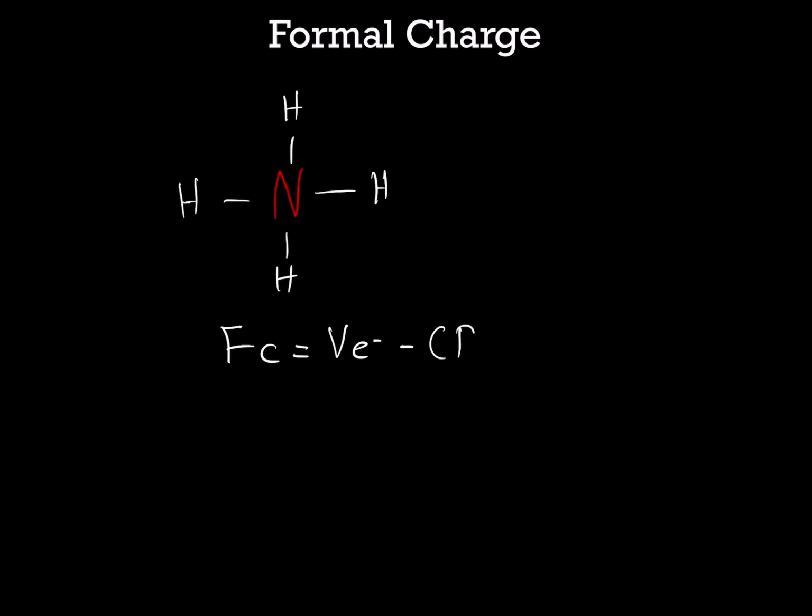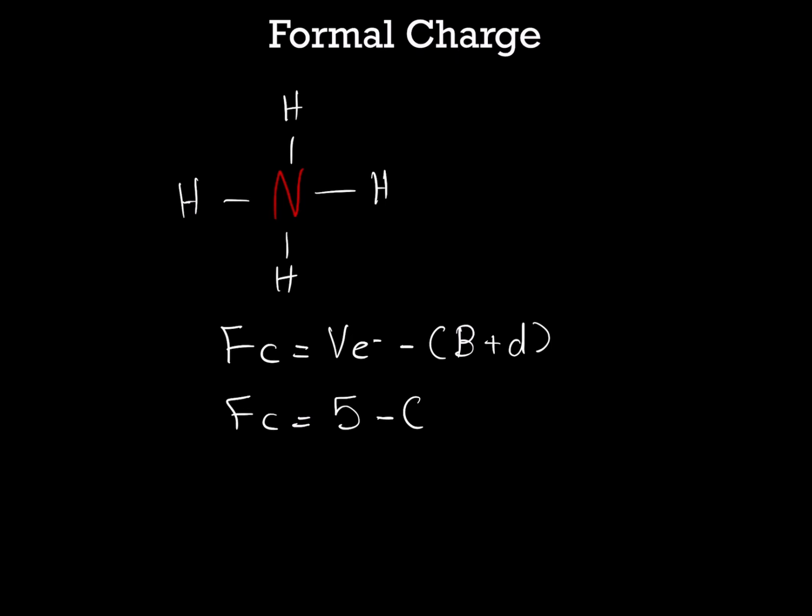In the next example, let's look at ammonium. Ammonium is a nitrogen that has 4 hydrogens attached to it. Go ahead and figure out the formal charge of nitrogen. Feel free to pause the video. When you look at the periodic table, nitrogen is in group 5A, meaning that it is going to have 5 valence electrons.